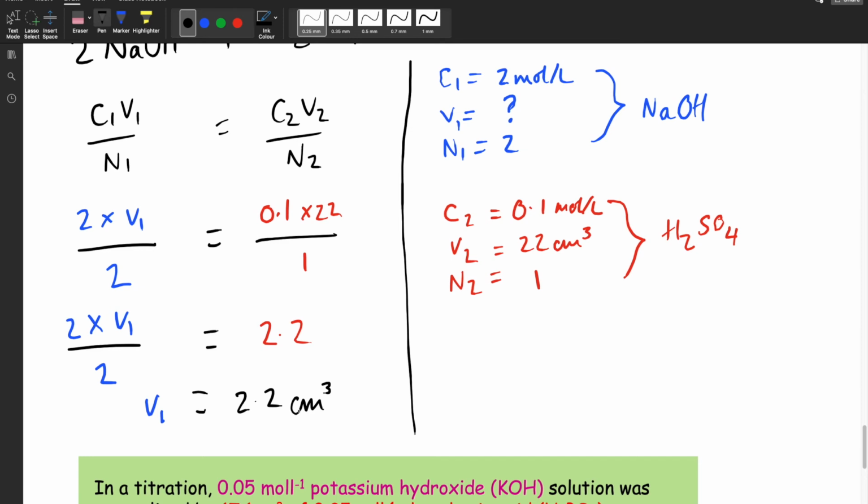Now, if what I've done there has confused you at all, it is essentially 2.2 times 2 and then divided by 2. Now they cancel each other out, so it is just 2.2. Okay? But the final answer there should be 2.2.